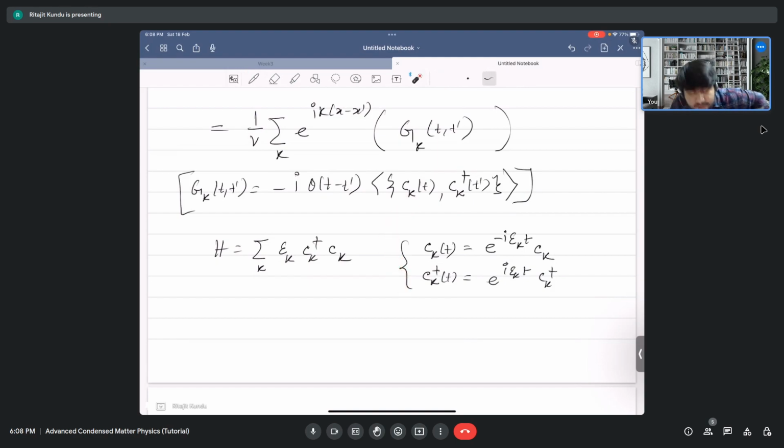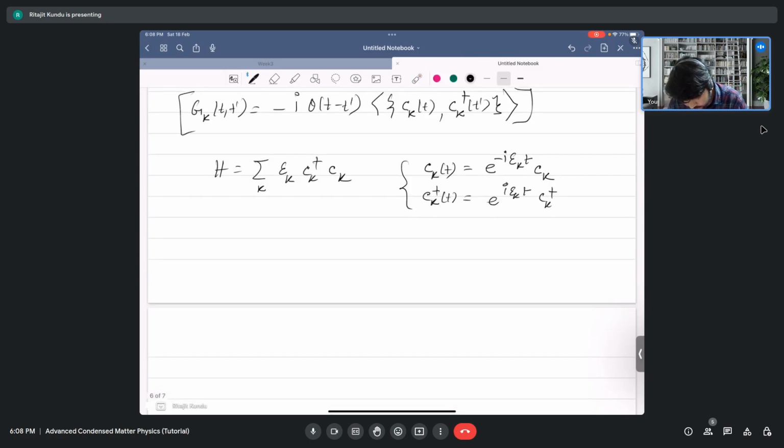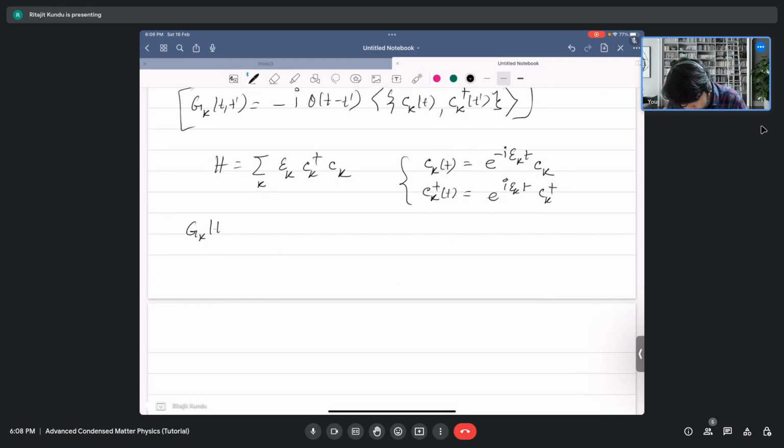Because I know explicitly the time dependence, this Green's function actually becomes, and then I'll have these factors, so I can just drag them out, c_k and c_k dagger.